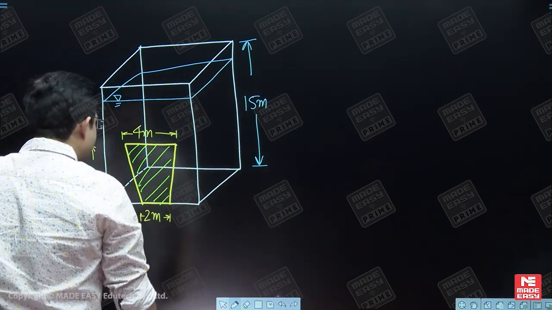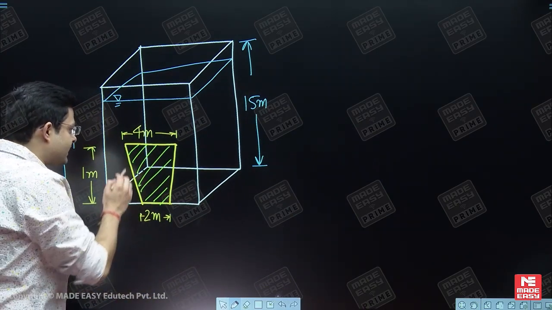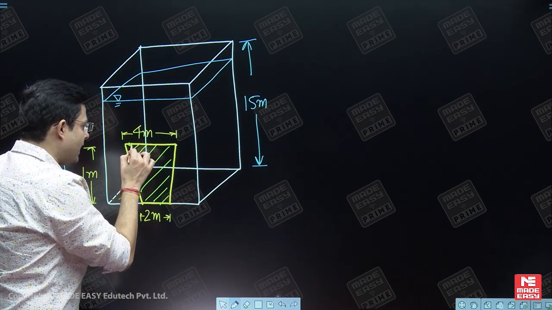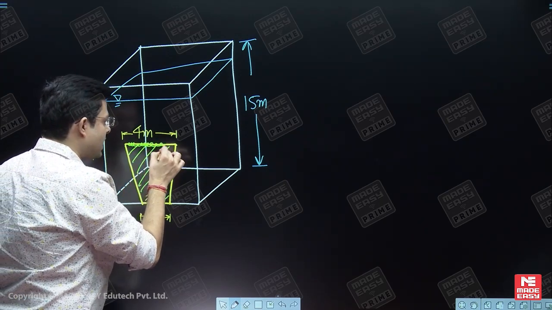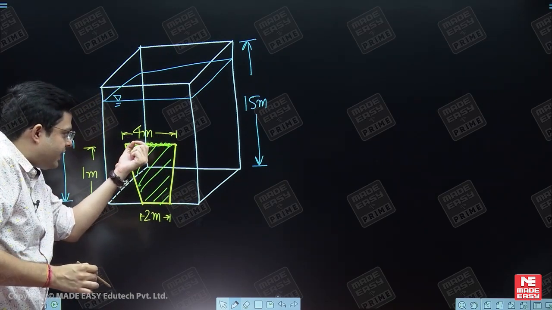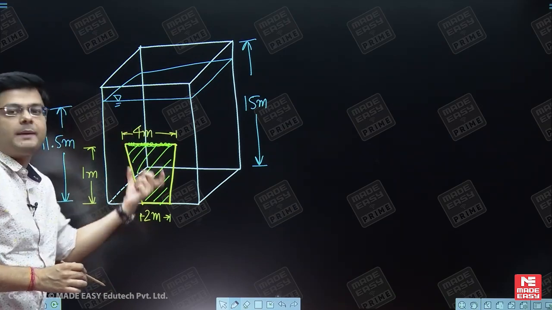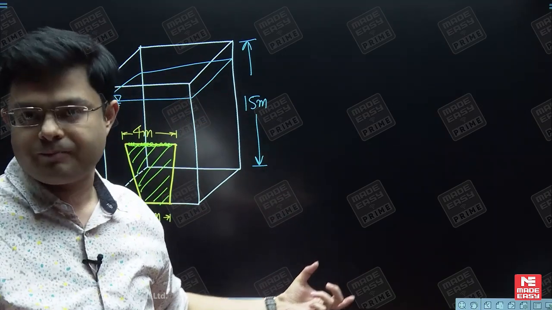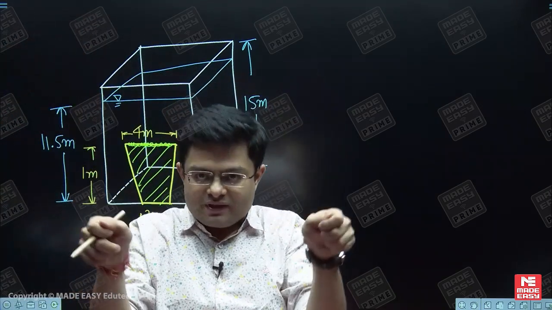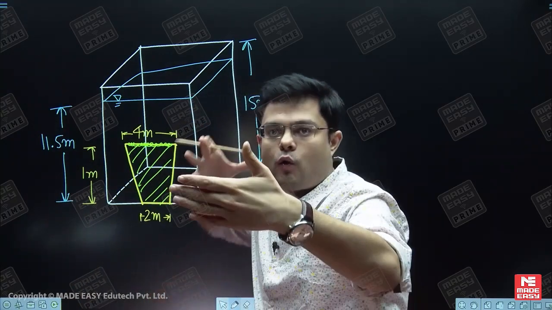Now you see, over this trapezoidal gate, from the top, a gate is actually hinged, which is exactly in the shape of this trapezium. So it's a trapezoidal gate, and water is here.